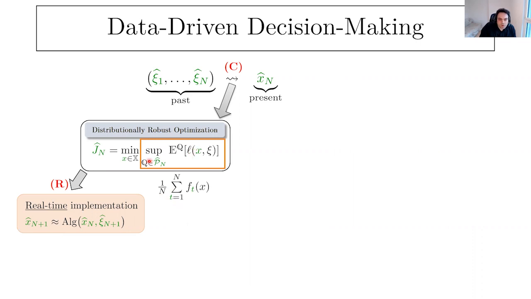This worst case expected loss can be reformulated either exactly or approximately as a separable loss function, where in some cases this f has a very closed form formula. It looks like a loss function with some regularizer. And that's going to be the focus of the rest of the talk.